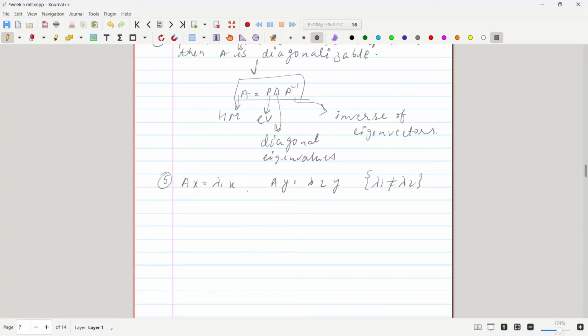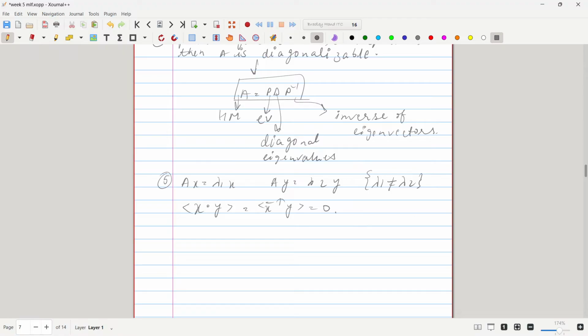Then the dot product, or you can say the inner product, of both the eigenvectors will be orthogonal. That means if Ax equal to lambda 1 x and Ay equal to lambda 2 y, where the eigenvalues are not equal, the inner product of both the eigenvectors will equal 0.